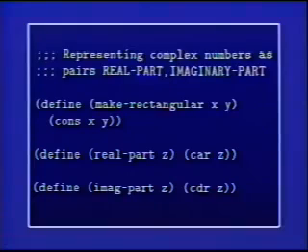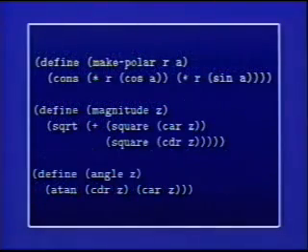So if I want to get out the real part of something, I just extract the car, the first part. If I want to get the imaginary part, I extract the cdr. How do I deal with the magnitude and angle? Well, if I want to extract the magnitude of one of these things, I get the square root of the sum of the square of the car plus the square of the cdr.